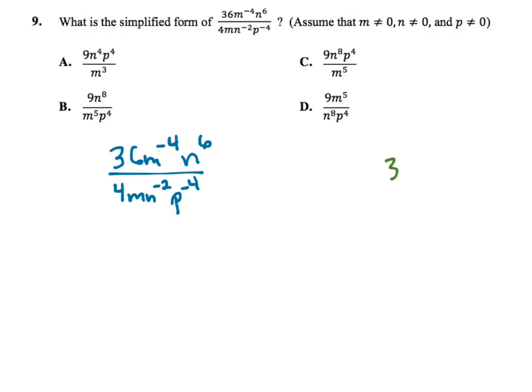A little tiny bit more side review. 3x to the power of negative 2 over x to the power of 5. All right. Well, what I can do is I can move this down to the bottom, and I'll get 3 over x to the power of 7, right? Because if I move x to the power of negative 2 to the bottom, I'll have x to the power of 5 times x squared.